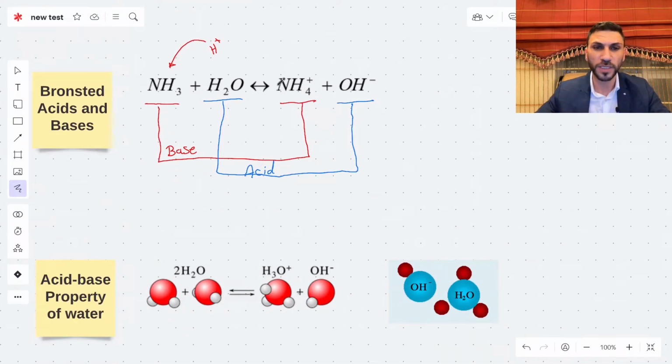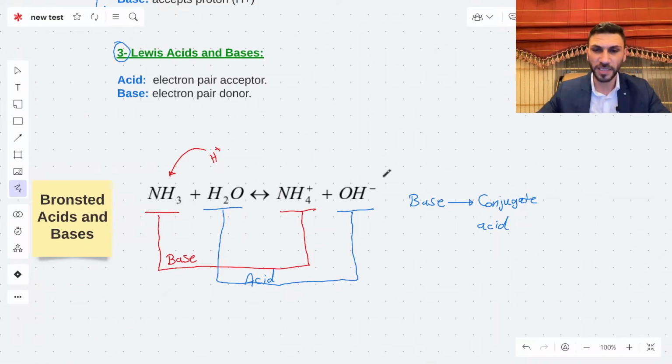What do we call those species now? Always, the base after the arrow, we call it the conjugate acid. So, any base will give you a conjugate acid. So here we call NH4 a conjugate acid.